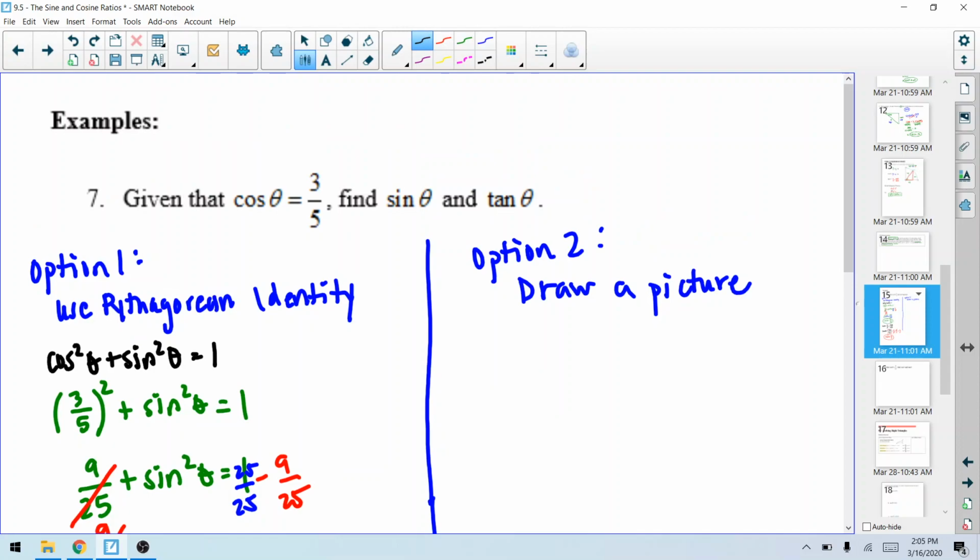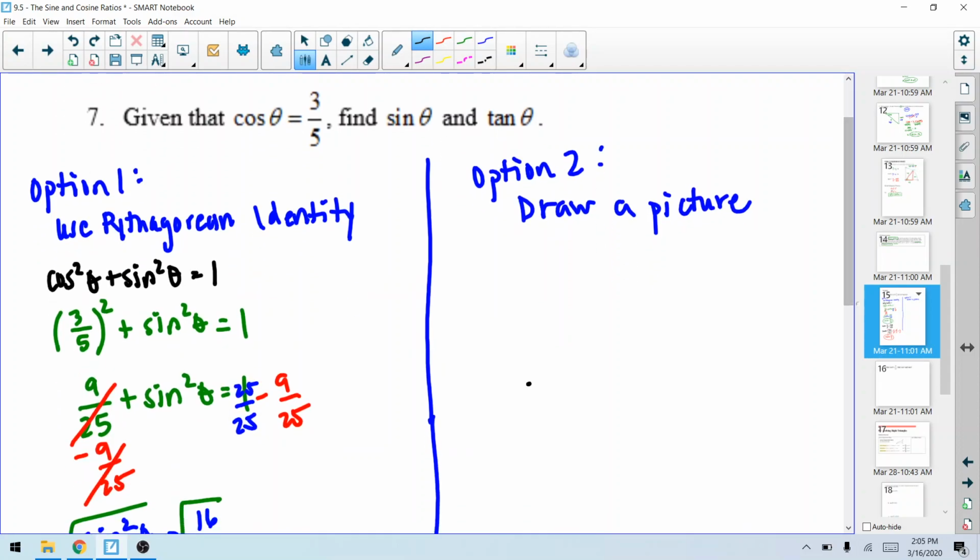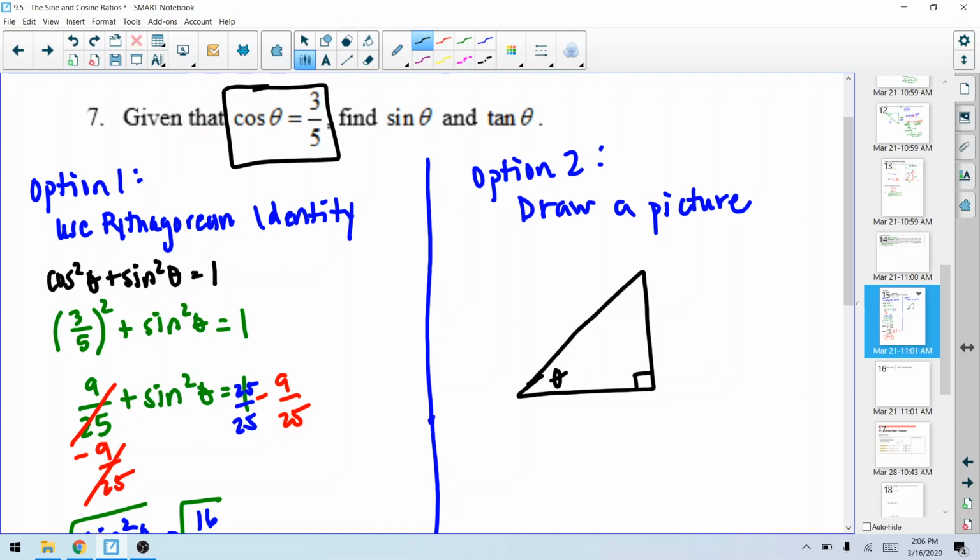So the picture we're going to draw, we're dealing with right triangle trigonometry. We're going to draw a right triangle. You have to label your reference angle. So I'm just going to put it down here. Whatever you do, it doesn't matter where you put it, just don't put it right here. That's the 90. So in the given, we are given that the cosine of theta is 3/5.